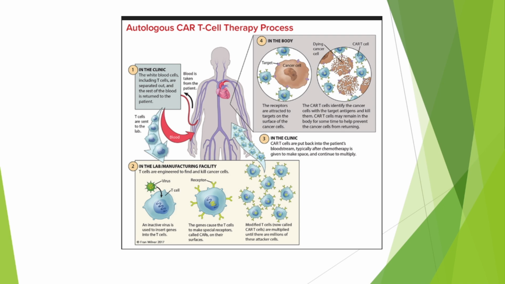In the body, the receptors attach to the target on the surface of the cancer cell. The CAR T cells identify the cancer cells with the target antigen and kill them. The CAR T cells may remain in the body for some time to help prevent the cancer cells from returning.